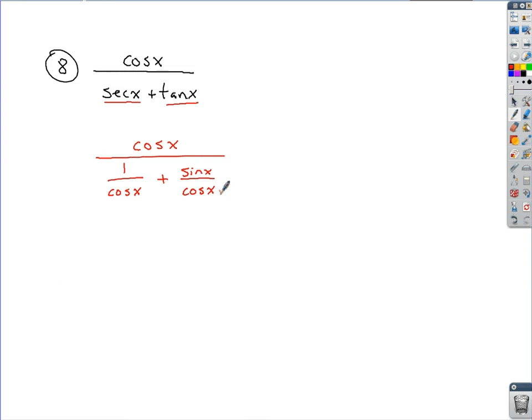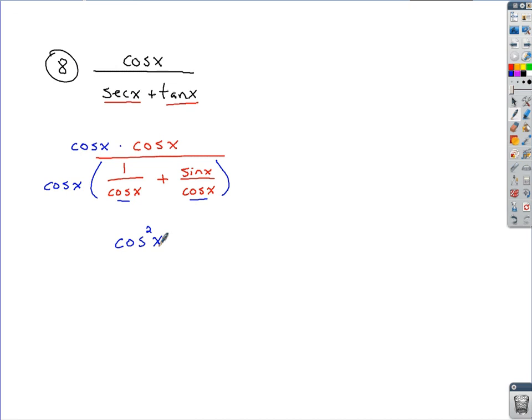Now you guys want to do that little trick I did on the last one, where we clear the fractions from within the greater fraction here? Sure. We do that trick. I'm going to multiply everything by cosine, since that's my little denominator values down here that are in the little fractions within the greater fraction. Whatever I do to the bottom, I've got to do to the top. Okay, now on top, leaving cosine of x times cosine of x, I mean, you could do that, but you might as well multiply it together.